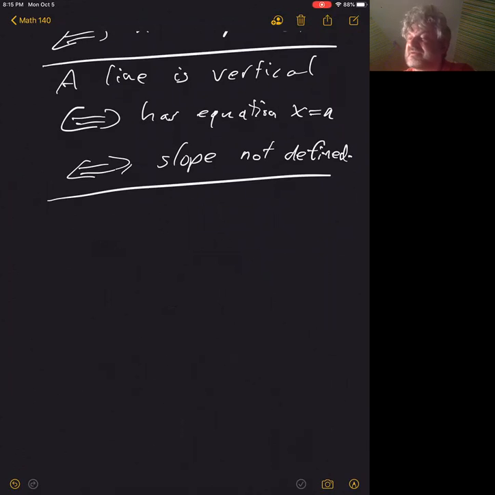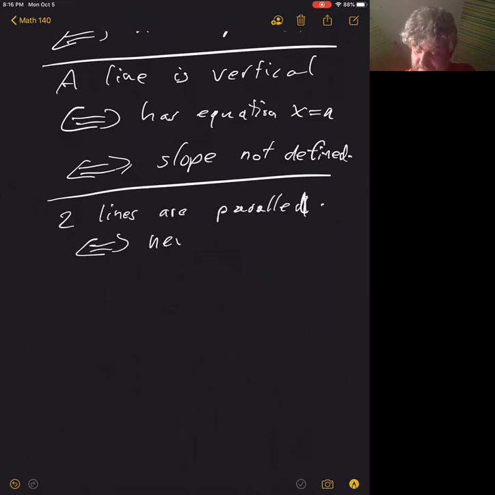Last bit about lines, parallel and perpendicular. Parallel, of course, if they never meet. And algebraically, how can we tell it from the equations?